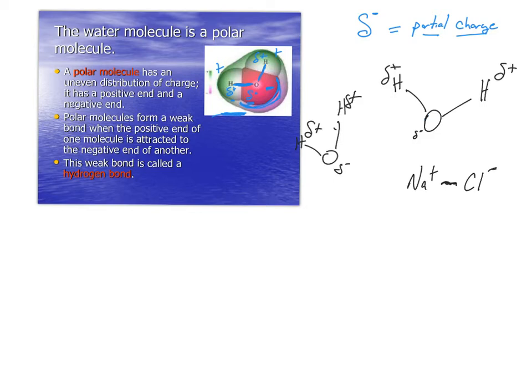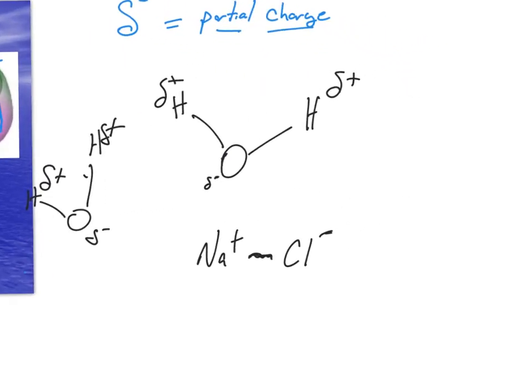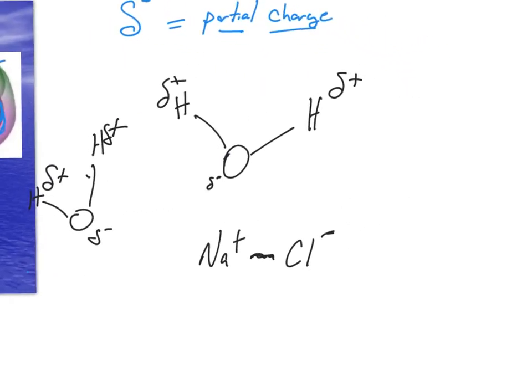What happens is that these molecules start to arrange each other. This negative starts to attract the positive, and this negative starts to attract the other positive, and the molecules turn in such a way as to line up, and what you get is this lining up of water.